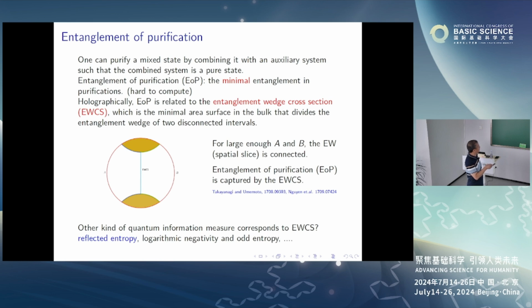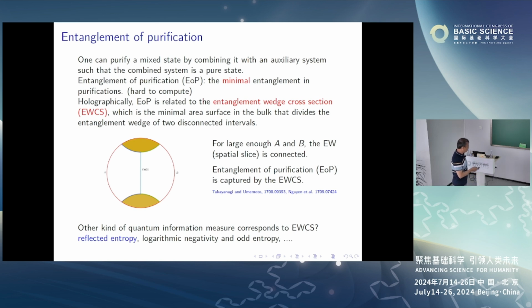As I mentioned, it's hard to compute the entanglement of purification in field theory. So there could be a question of whether some other quantum information measure also corresponds to this EWCS. There are some candidates like the logarithmic negativity, odd entropy, and Lifshitz entropy.